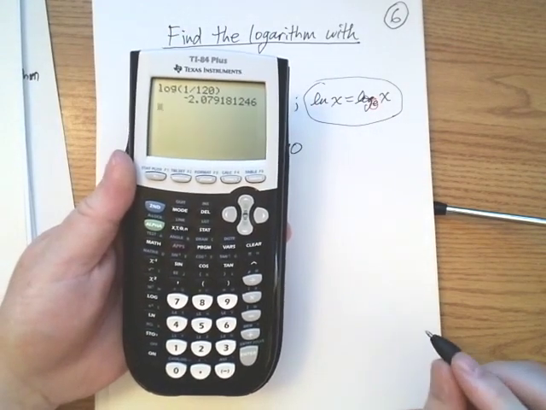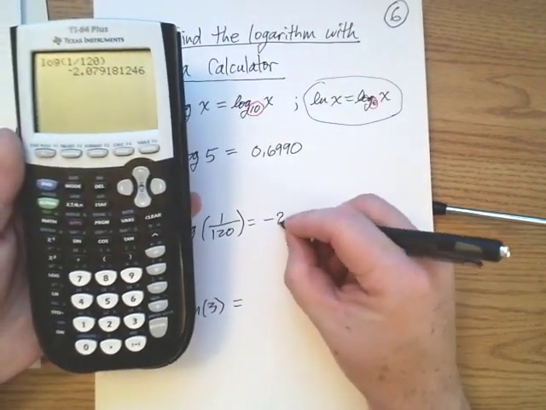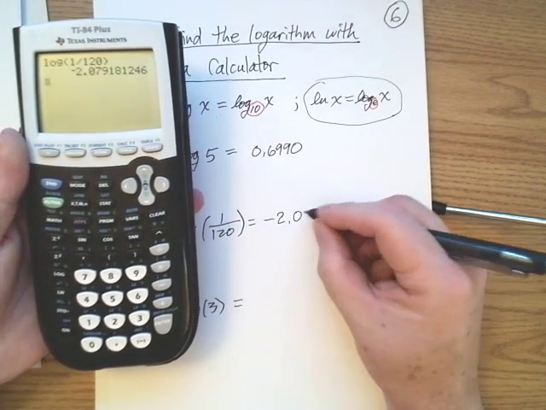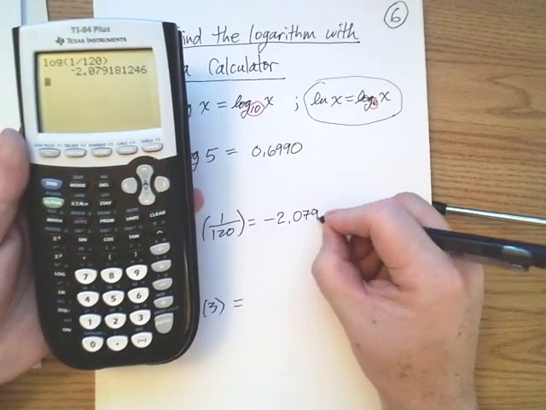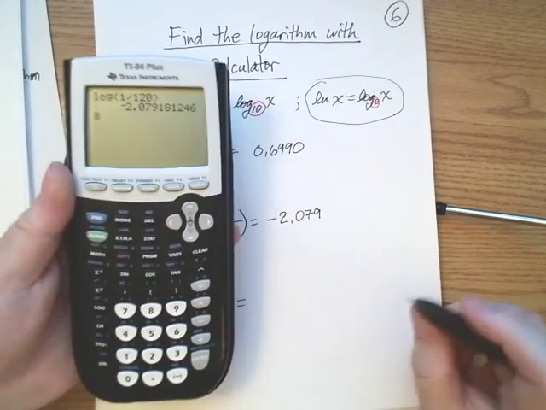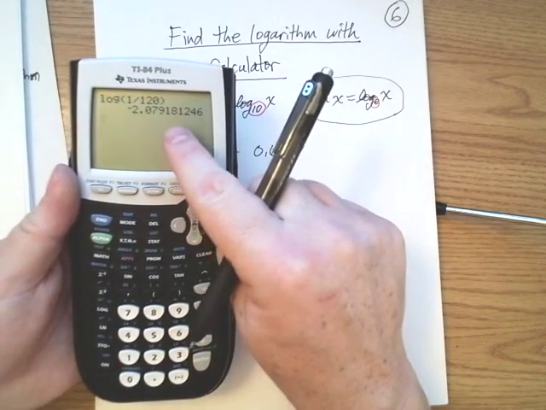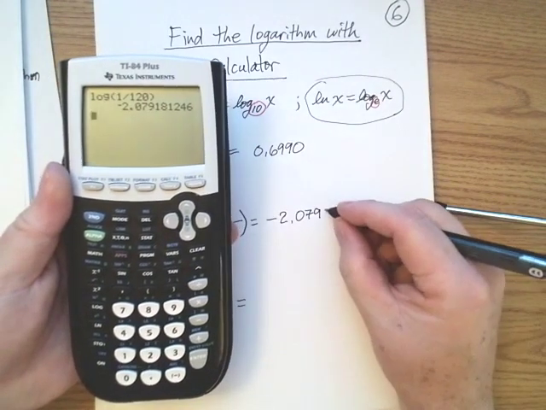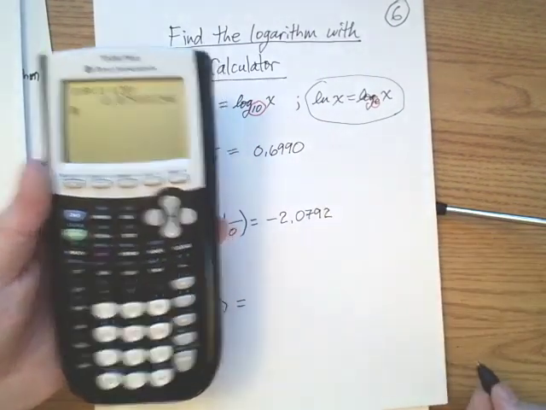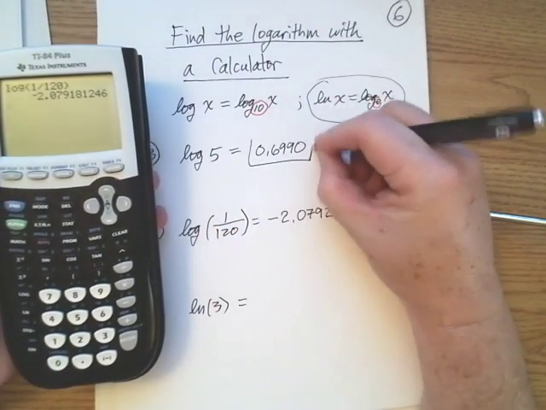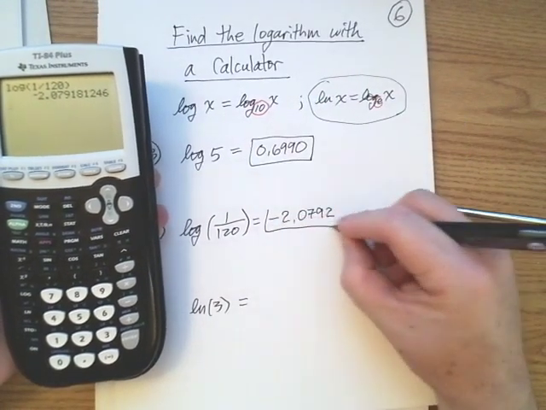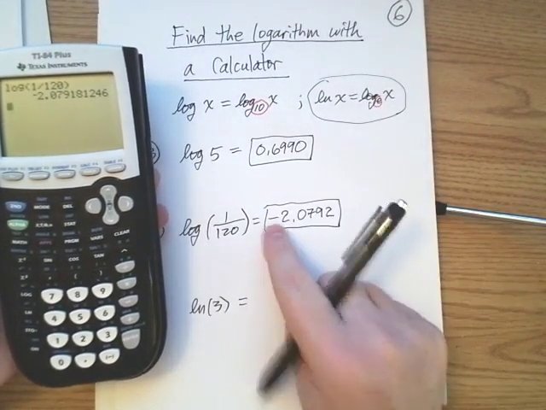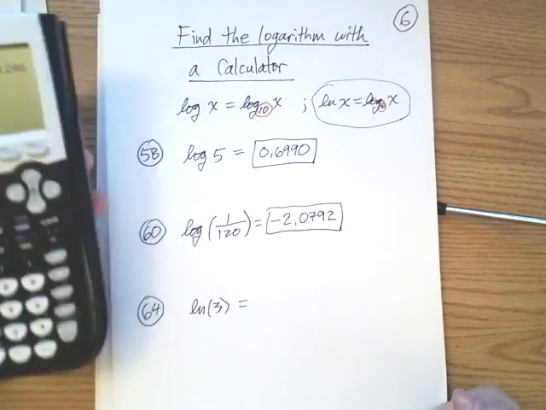So it looks like I get -2.079, okay? And then it goes what? 1/8. Since 8 is greater than 5, I add 1 to the previous digit and then truncate it, cut it off here. I guess I should be boxing in my final answers. Don't forget the negative sign on this, okay?